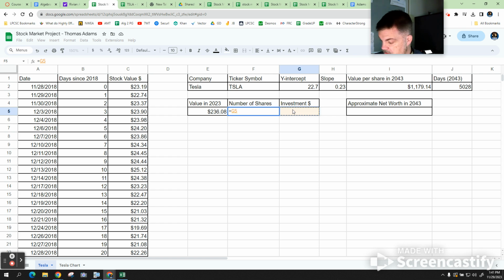Divide it by what? The current value, right? So if you set yours up exactly like mine, you should have equals G5 divided by E5. Now when I hit enter, it's just going to say 0 because I don't put any money in there.